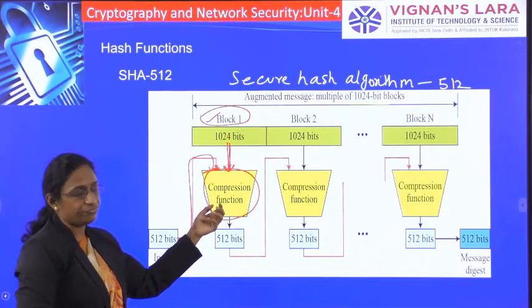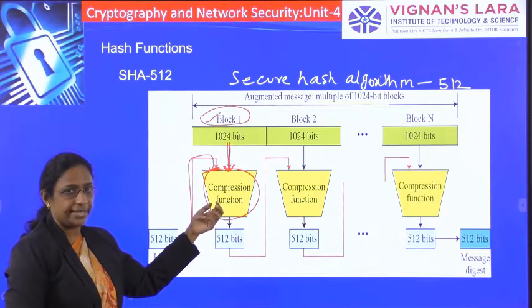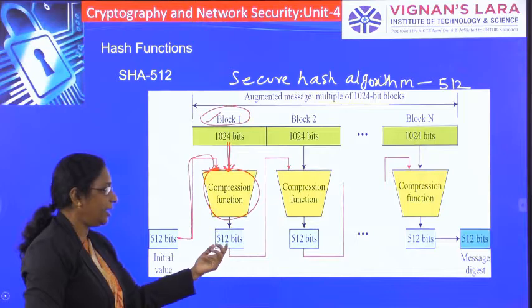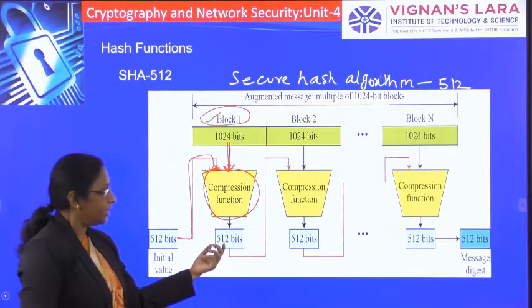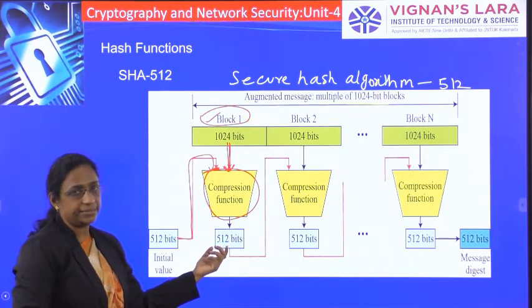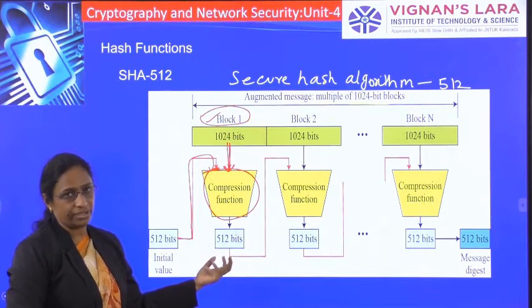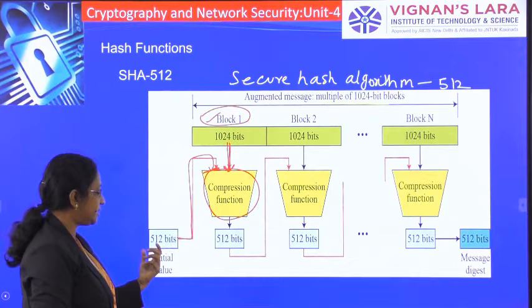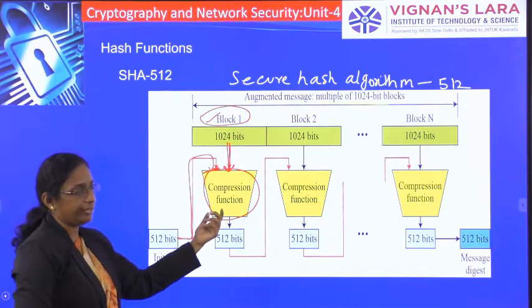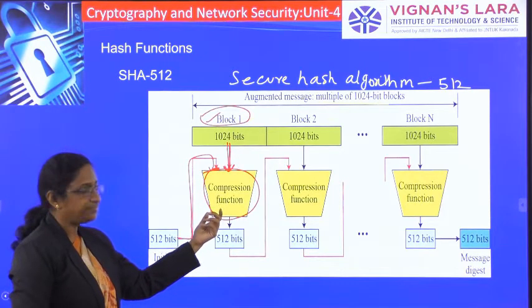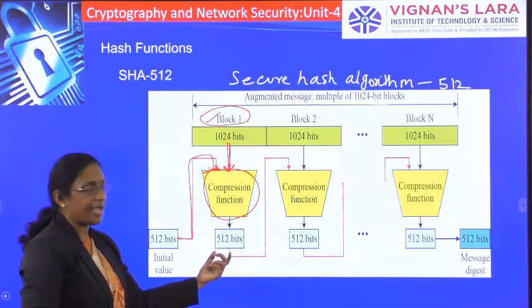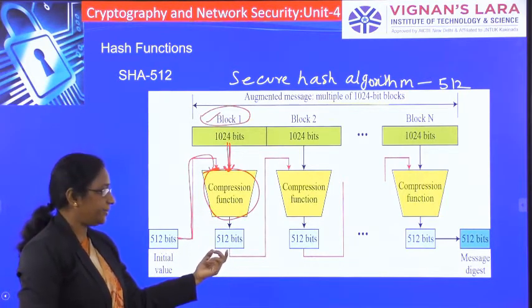In the compression function you go through 80 rounds, and after the 80 rounds you generate 512 bits. The output of this compression function is 512 bits.